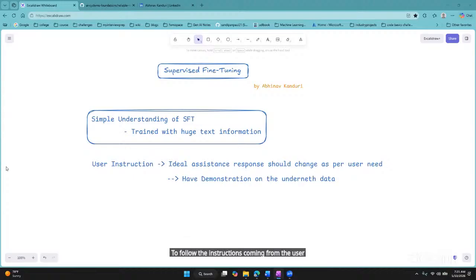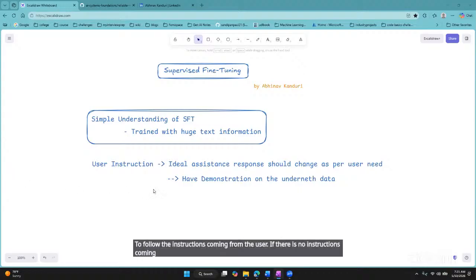If there are no instructions coming from the user, then it is just going to generate textual information which is not falling in place as per the user's need.